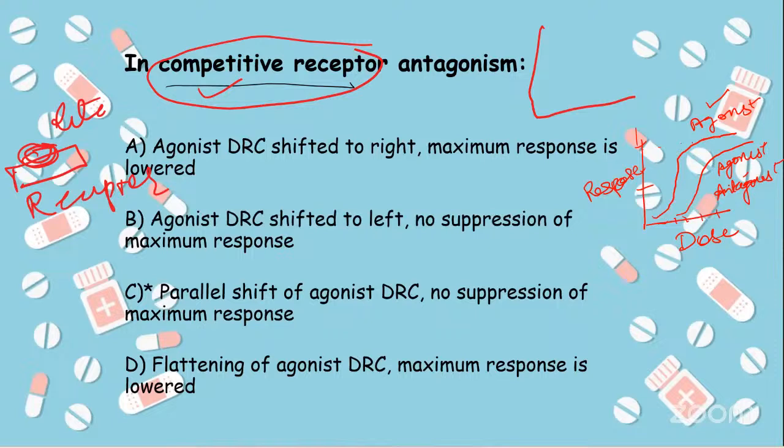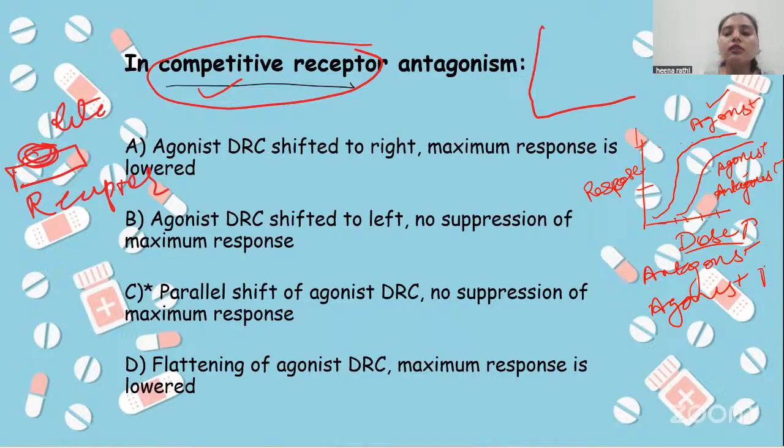Why? Because in the competition between the agonist and the antagonist, we have to increase the dose of the drug so that it can compete in this situation. What does it mean? It means we have to increase the concentration of the agonist.